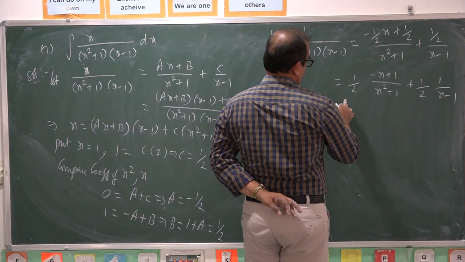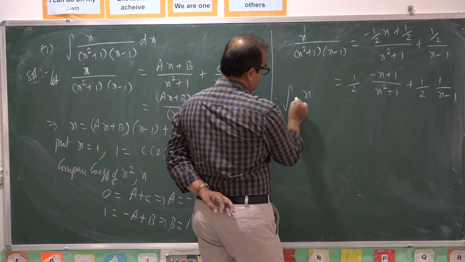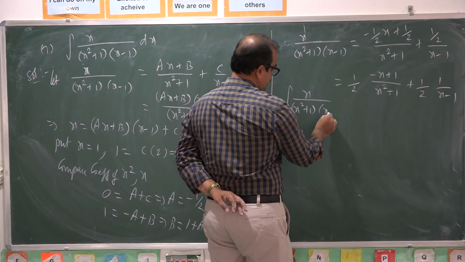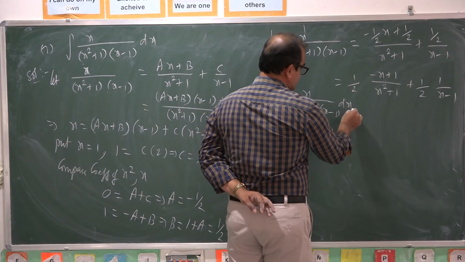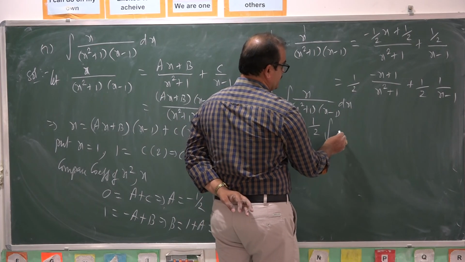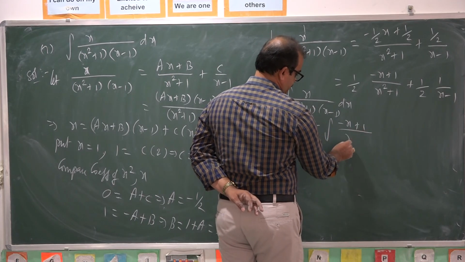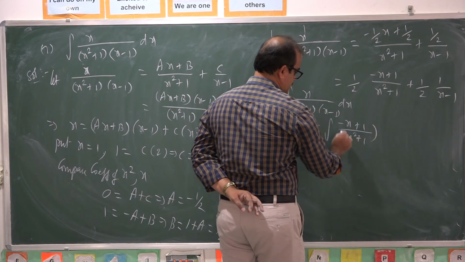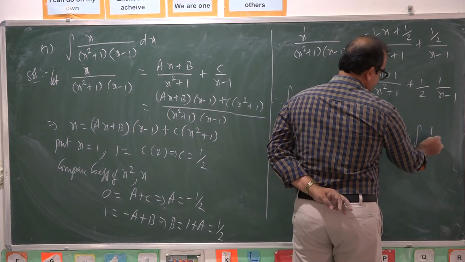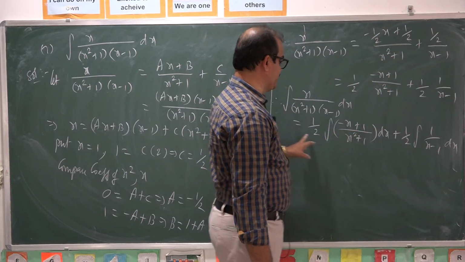Now integrating both sides. Therefore integral of x by (x square plus 1) into (x minus 1) dx is equal to 1 by 2 into integral of (minus x plus 1) by (x square plus 1) dx plus 1 by 2 into integral of 1 by (x minus 1) dx. Separate the integration.